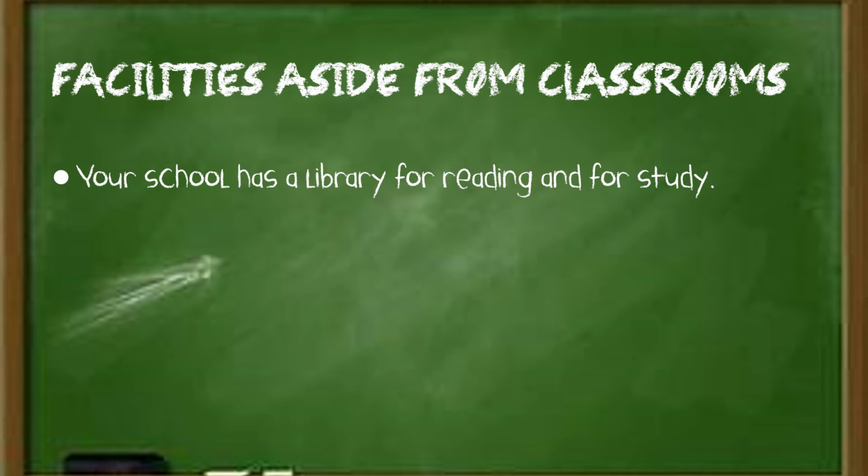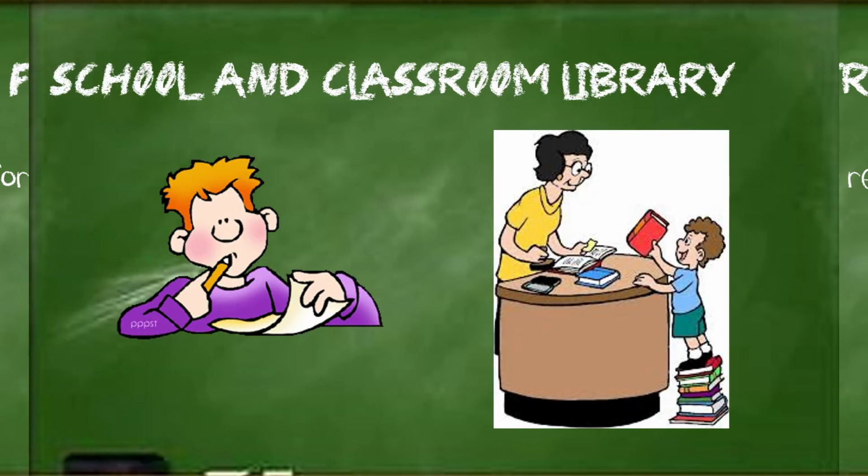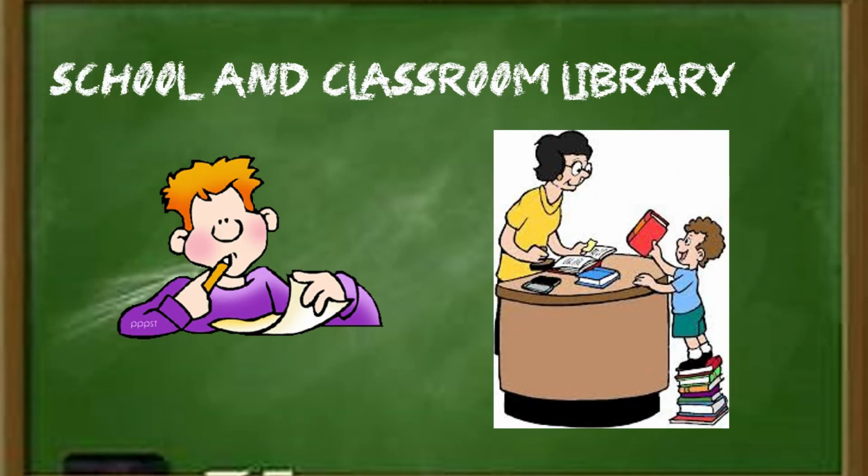First, under this section is your school has a library for reading and for study. Every elementary or secondary school with enrollment of 500 pupils or students and above shall have a school library. It shall be situated in a quiet and pleasant surrounding and shall be more accessible to intermediate and secondary classes.